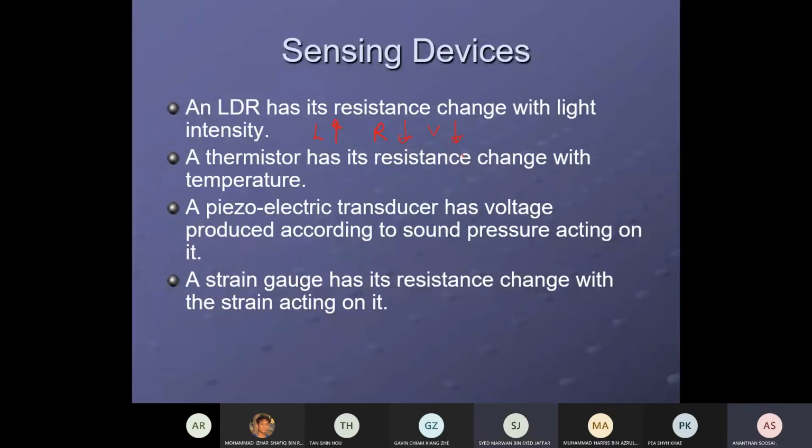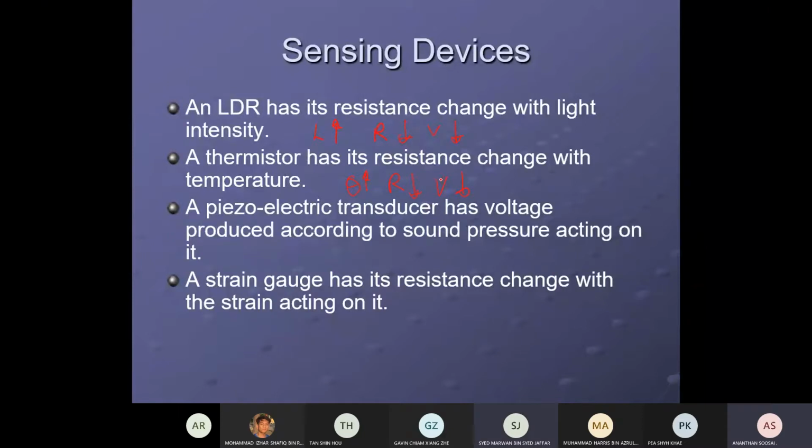Okay. Thermistor, temperature rise. What happens to the resistance of the thermistor? When temperature increases, the resistance of the thermistor decreases. The voltage across the thermistor decreases.